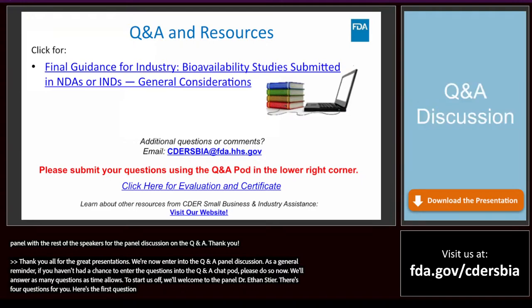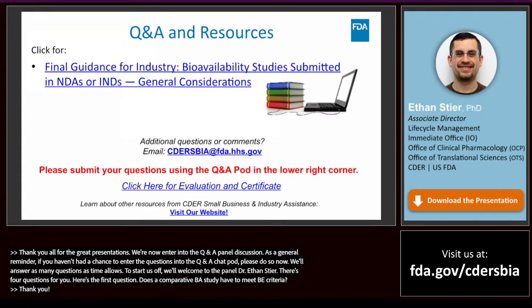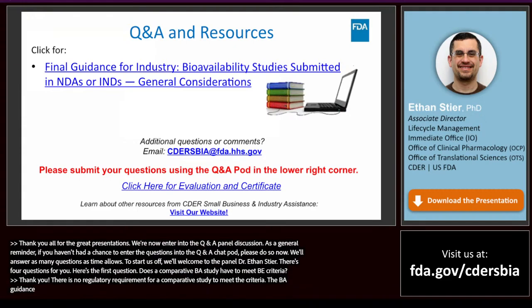Does a comparative BA study have to meet BE criteria? Thank you. There is no regulatory requirement for a comparative study to meet BE criteria. The BA guidance outlines that if a study does not meet the 90% criteria for Cmax or AUC, then the sponsor will need to demonstrate that those differences don't affect safety or efficacy.